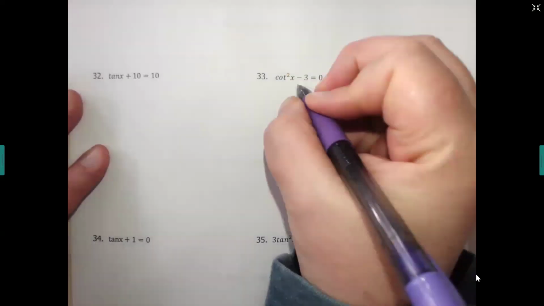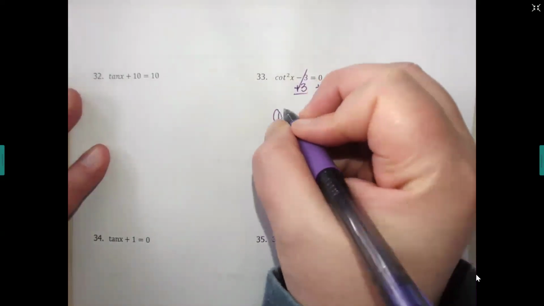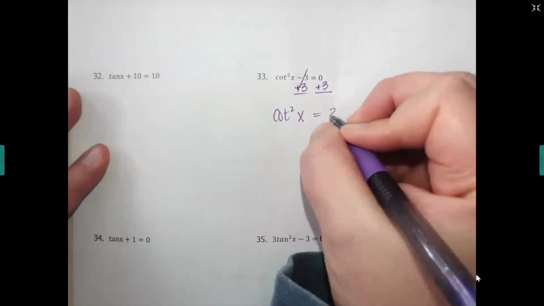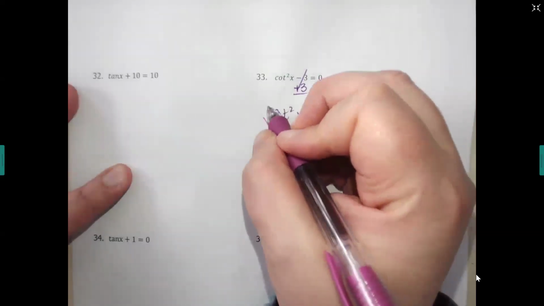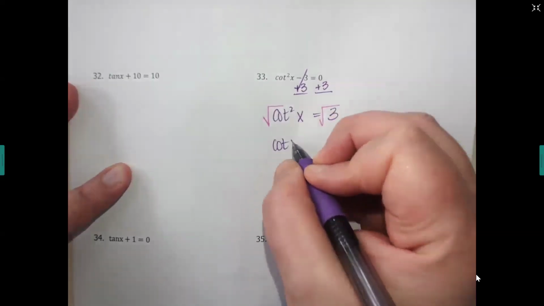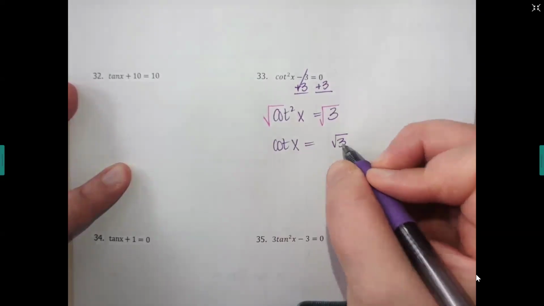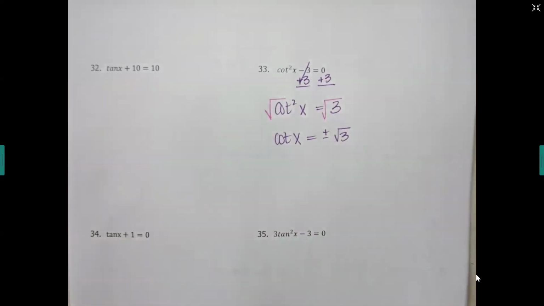All right. Add the 3 across. So I have cotan squared x equals 3. What's my next step? Which means that I want the cotan of x to equal square root 3. Don't forget your plus minus. From here, we didn't cover cotan on the notes, but it's the same pattern.